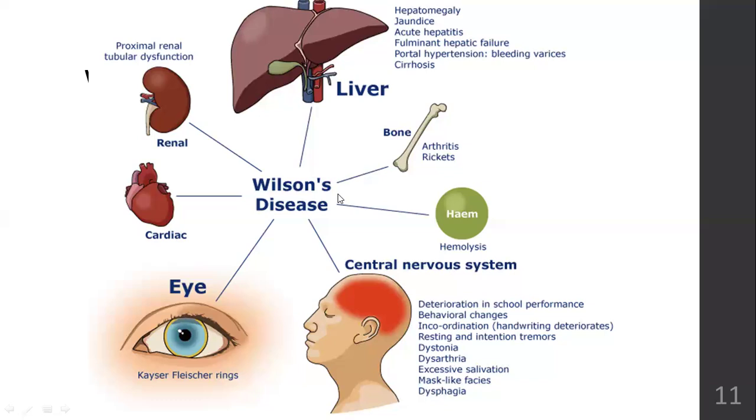In your eyes, if you see a person who has Wilson's disease, the rim of their eyes will have that copper tint, terracotta copper tint. That is the Kayser-Fleischer ring, we call it. That is actual copper ions getting deposited in the rim of your iris. Then cardiac health deterioration, renal failure, these things will happen.